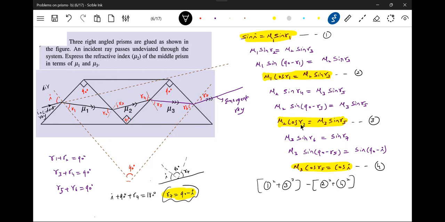Okay, 1 square will be sin square I. Squaring and adding we have to do. Mu2 square cos square R3.